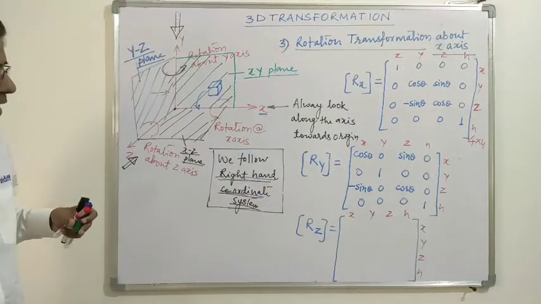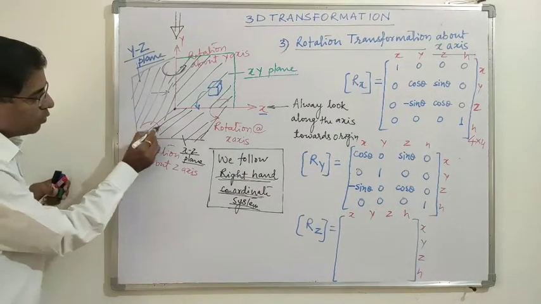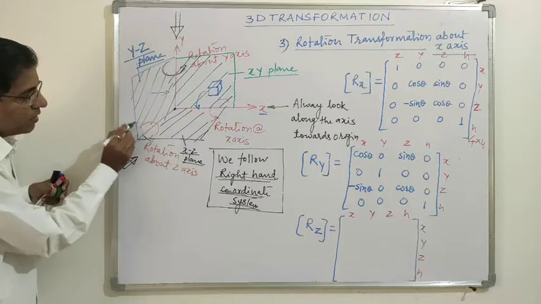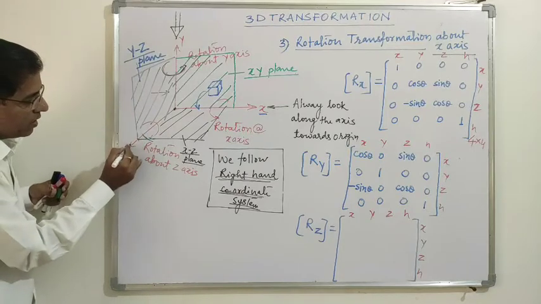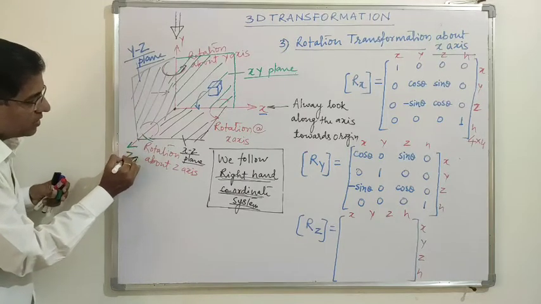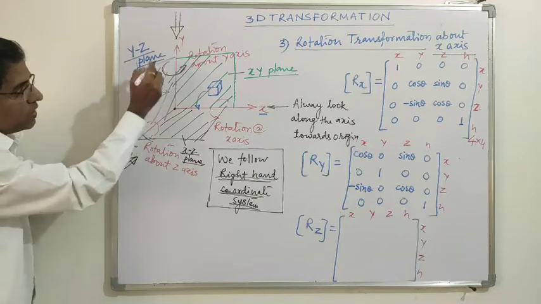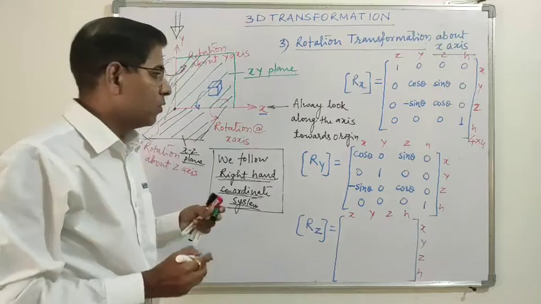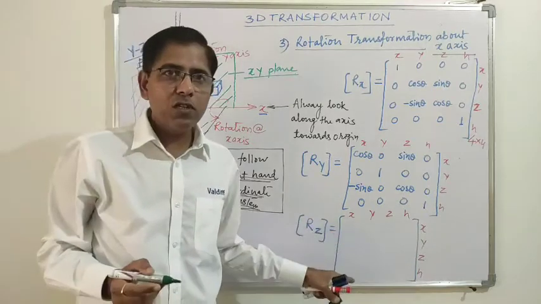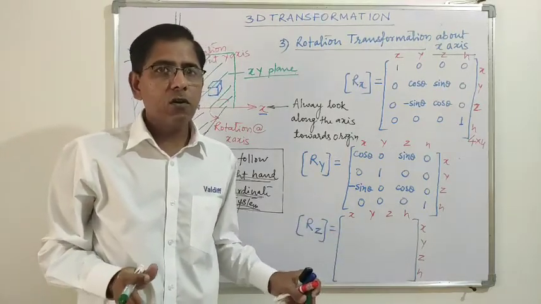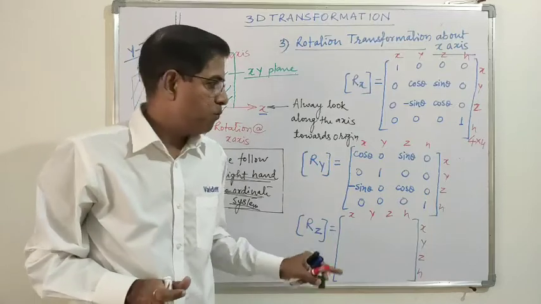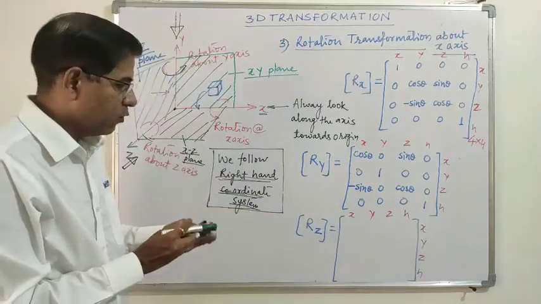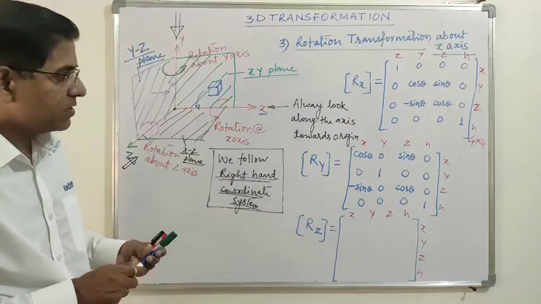Okay. So that is why, because if you see, if the object is rotating about z-axis, that means it is actually rotating in xy plane. So that is why xy positions will be occupied by cos theta sin theta function. So we'll write down the rotation about z-axis.